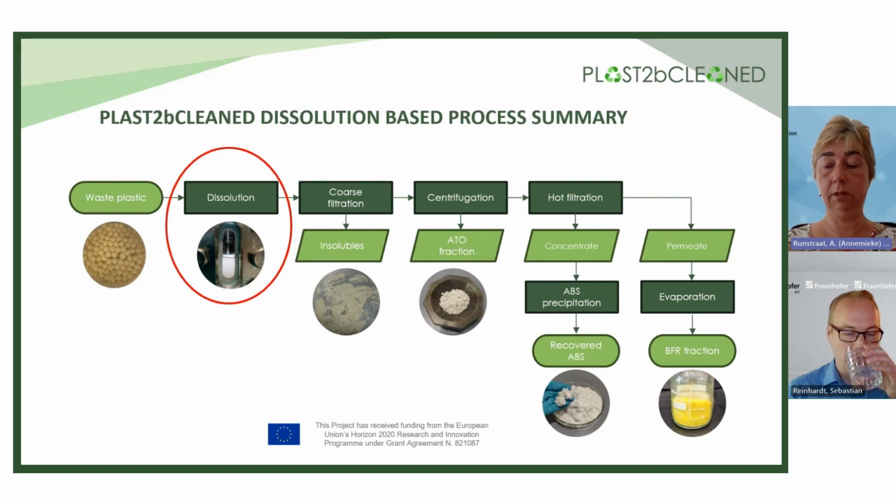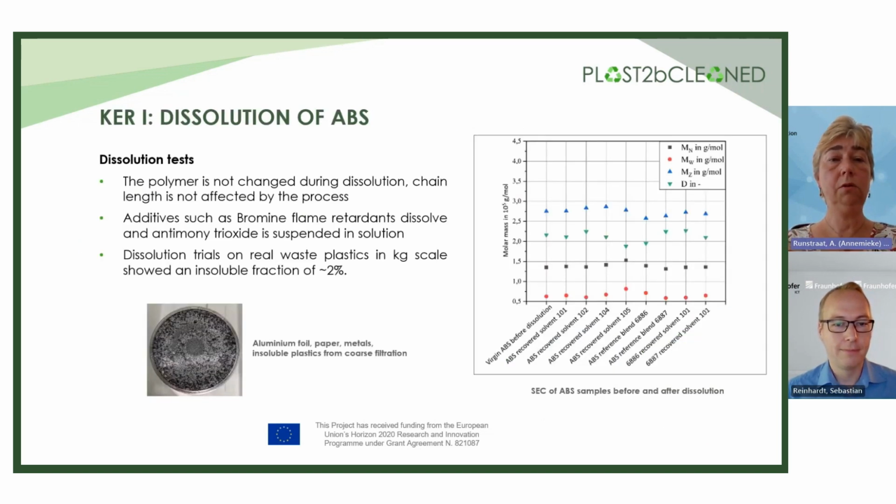So now I will go into some details on the dissolution. What we did is dissolve the polymer. And what we saw is that the polymer isn't changed during dissolution. The chain length is not affected by the process, as you can see on the right in the graph. Some of the bromine flame retardants dissolve, and the antimony trioxide isn't dissolved and is then suspended in the solution.